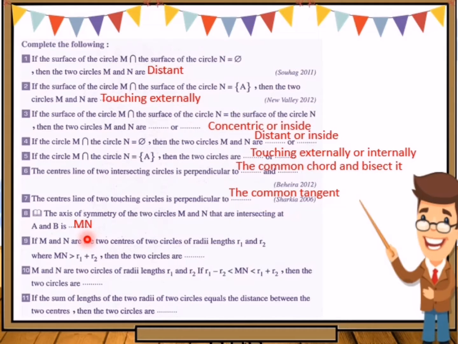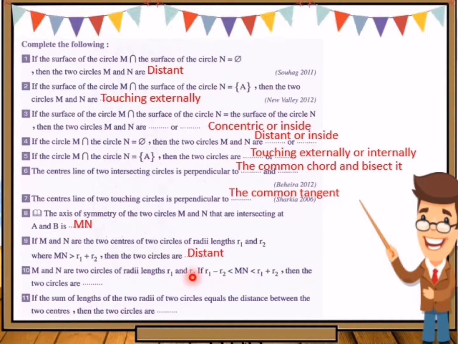Number 9, if M and N are the centers of two circles of radii R1 and R2, where the distance between them is greater than the sum of radii, then in this case the two circles are distant. Number 10, M and N two circles of radii R1 and R2.